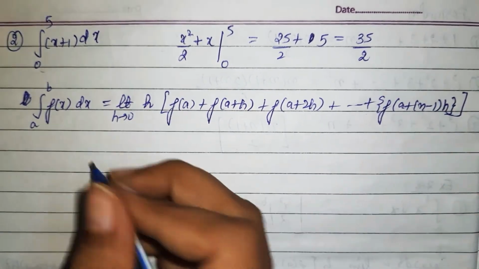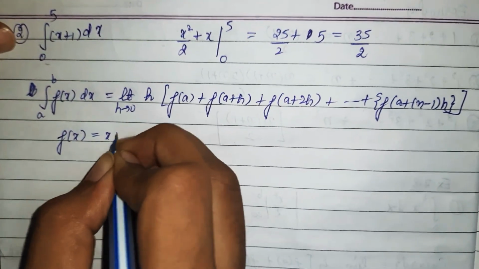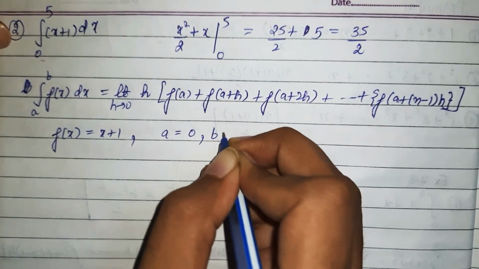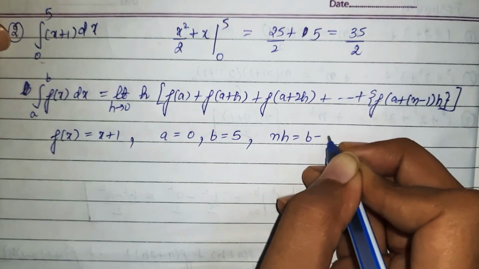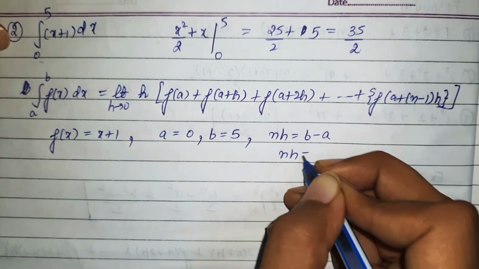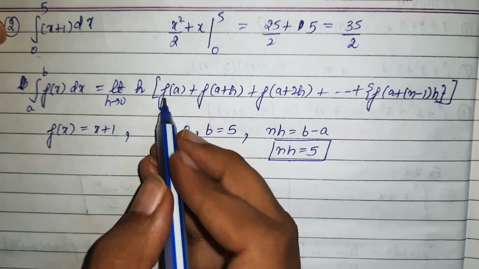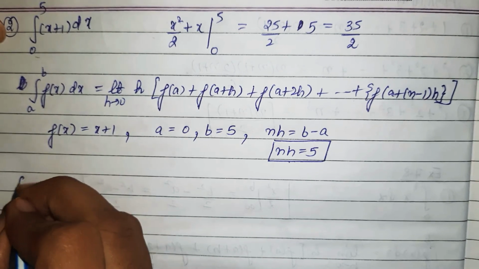Now see, what is your f(x)? f(x) is x plus 1, lower limit 0, upper limit 5, nh is b minus a, so for nh you will get 5 minus 0, this value we will use. Now if I talk about the question, what is the question?